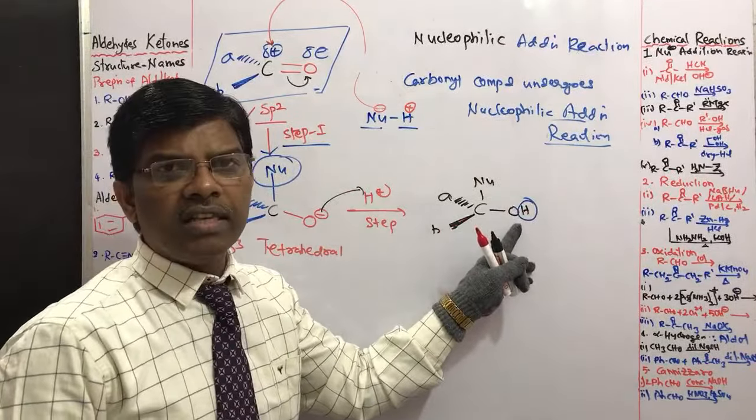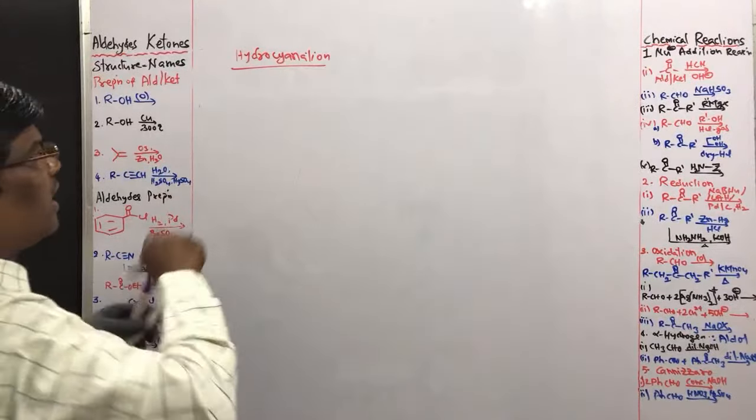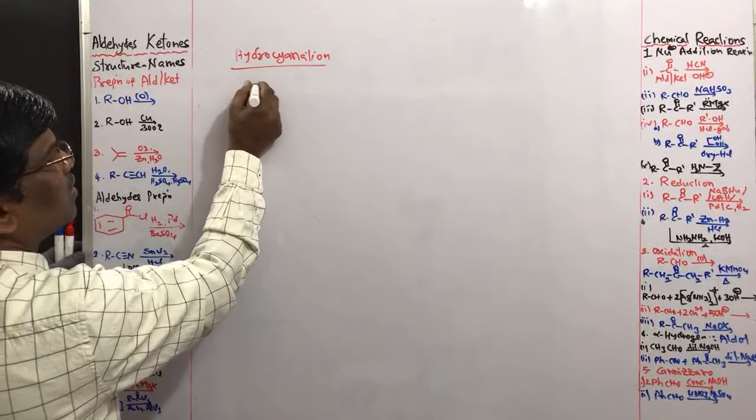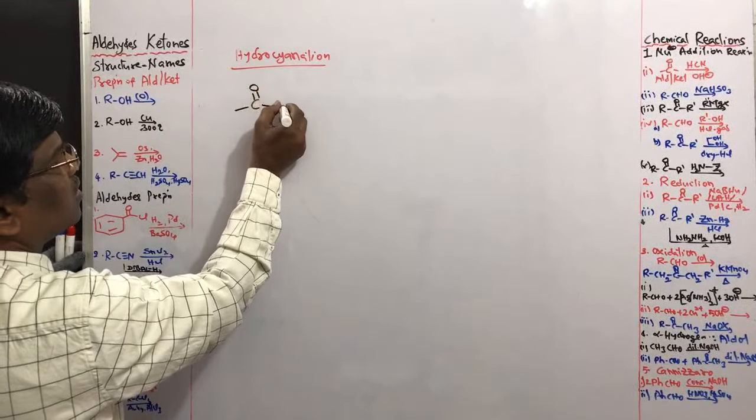hydrocyanation. It can be aldehyde or ketone. Aldehyde or ketones undergo hydrocyanation upon treating with hydrogen cyanide.